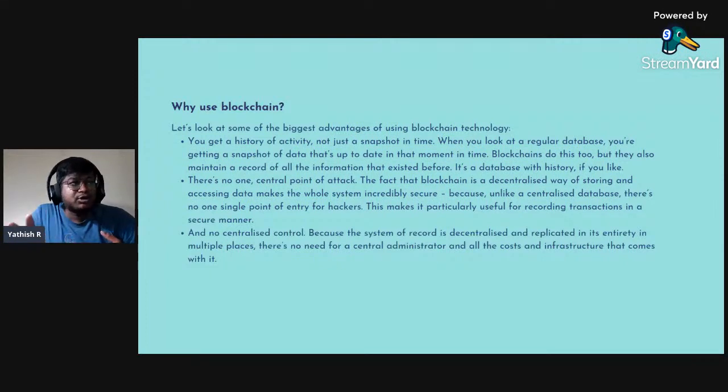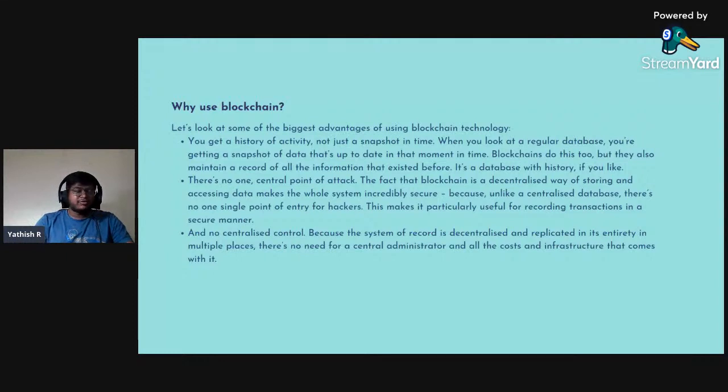It's not possible at all. Maybe quantum computing, but nobody knows what's going to happen at that point in time. That's how secure Bitcoin is in my opinion. Not just Bitcoin, but any blockchain for that matter, right?